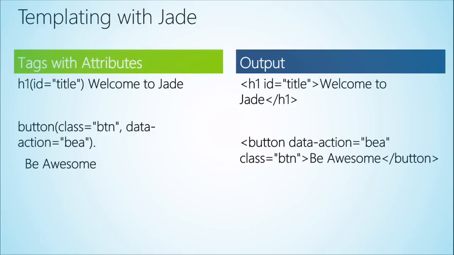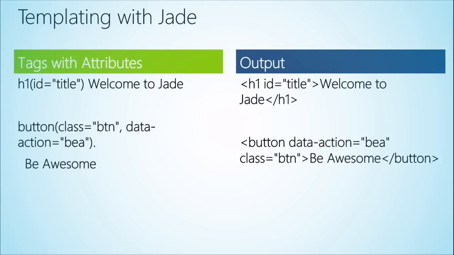So if we're looking at templating with Jade, we gave another example here. Sometimes you're like, okay, that example you gave, awesome, but super simple. I'm going to need to add classes, IDs, all these things. So you can start to see, in the example on the left, which is your Jade syntax, versus the output on the right, you've got your H1 and we're going to give it an ID, right?